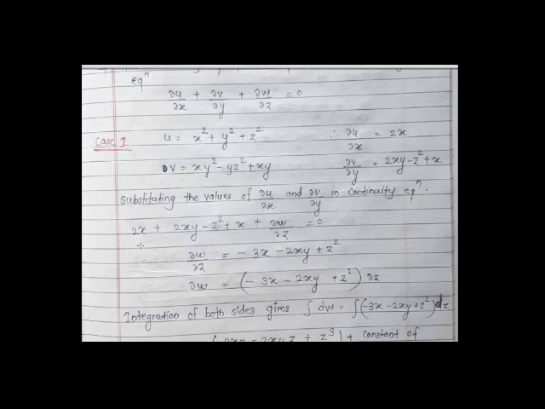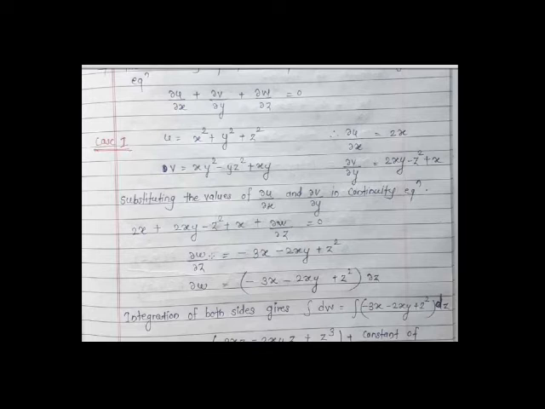We will get 2x plus 2xy minus z squared plus x plus dou w by dou z is equal to 0. We don't know the value of dou w by dou z, we have to calculate this.